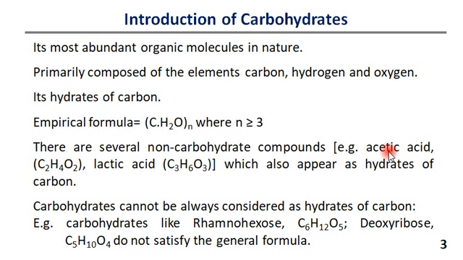For example, acetic acid, whose chemical formula is C2H4O2, where N is 2. Hence it also follows the empirical formula CH2ON. But acetic acid is an acid in nature, it's not a carbohydrate.